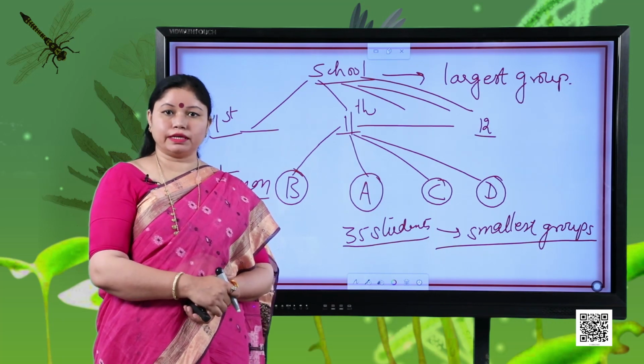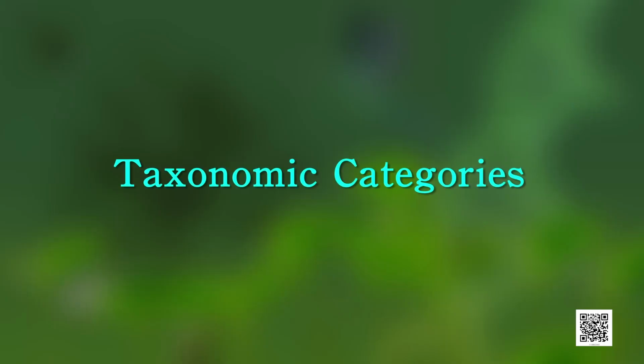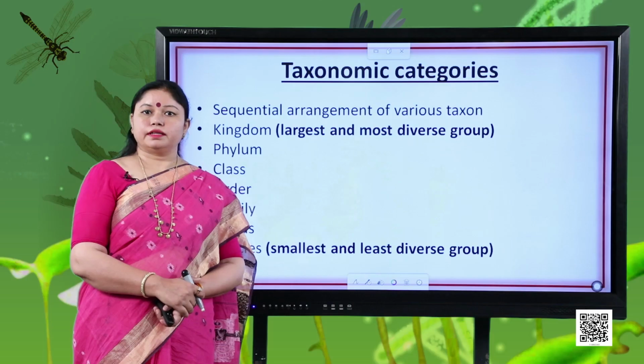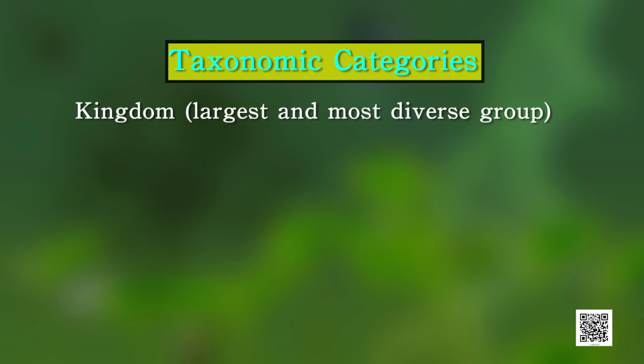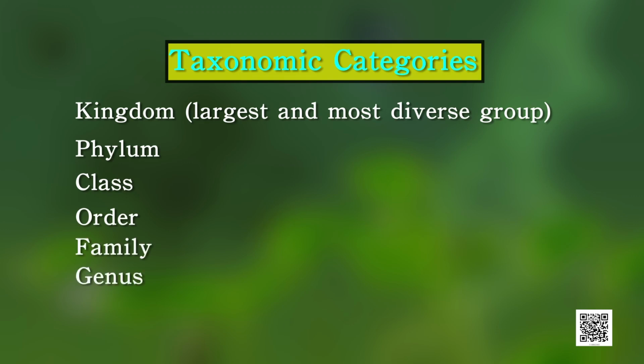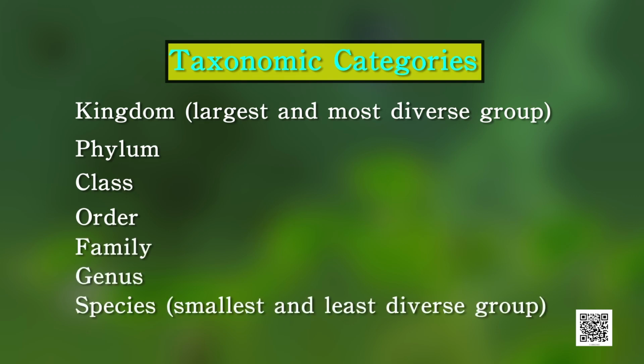Taxon also represents a rank. Let us understand various taxonomic categories. There are 7 taxonomic categories starting from kingdom, which is the largest and most diverse group, then phylum, class, order, family, genus and species. Species is the smallest and least diverse group.